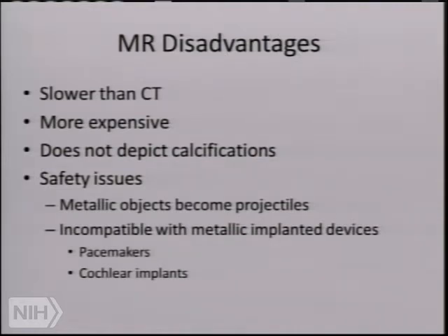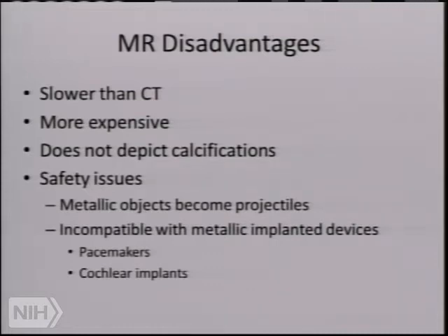What are its disadvantages? It's slower than CT. It is a more expensive device. It has no ability to depict calcifications, which can be important in some issues. And there are also some safety issues related to the use of a high magnetic field in a medical environment. Particularly, some metallic objects can become projectiles.